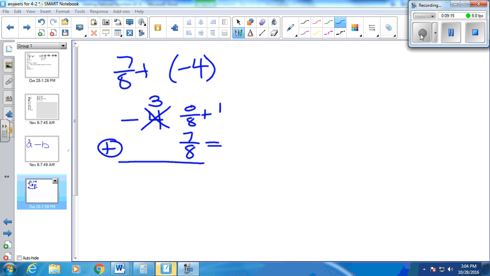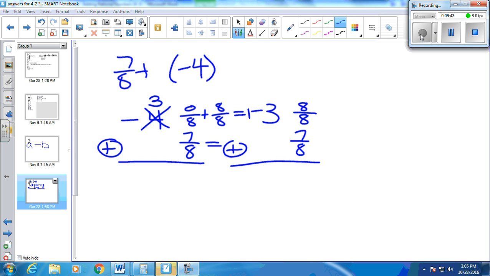And it wouldn't make sense to write it as 1 like this, because then I would just tack that back onto the 3. 1 whole as a fraction in this scenario would be 8/8. That 8/8, I got the 8 from the denominator. So now I have negative 3 and 8/8, and I'm still left with the 7/8 over here.